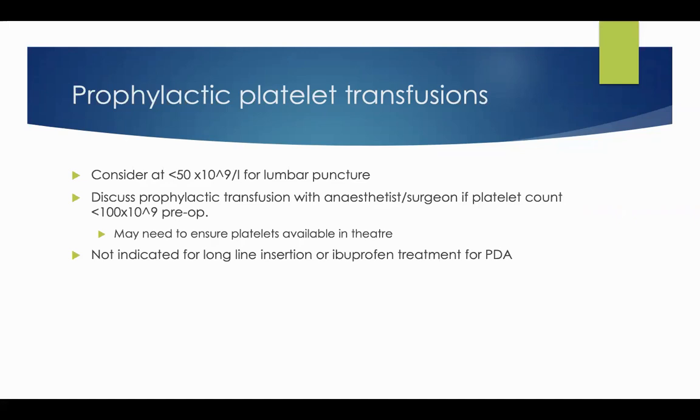It would also be prudent to have some platelets available in theatre as a backup. Prophylactic platelet transfusions are not currently indicated for long line insertion or if you're treating a baby with ibuprofen for PDA, although each case needs to be assessed separately.